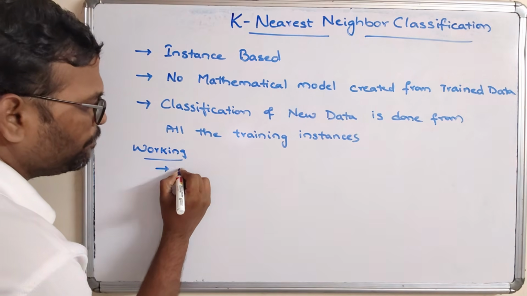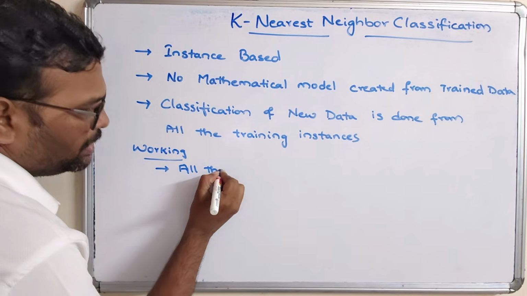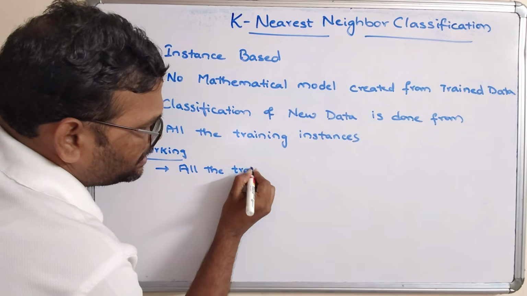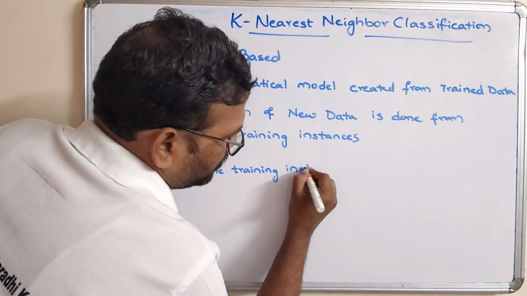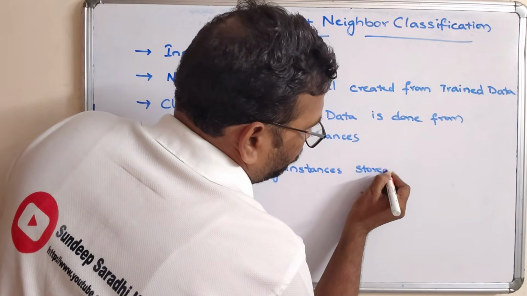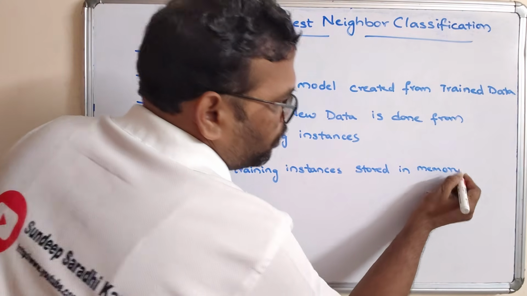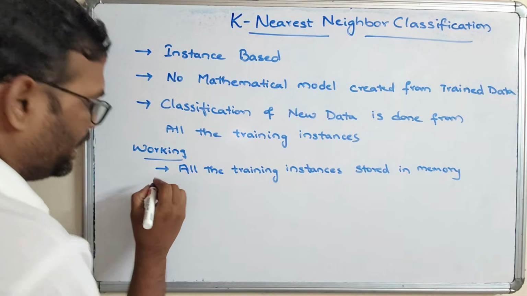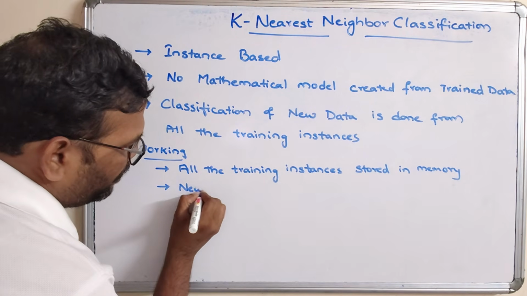The first one, all the training instances are stored in a memory. So first all the training data will be stored in a memory. Next, new data arrives.